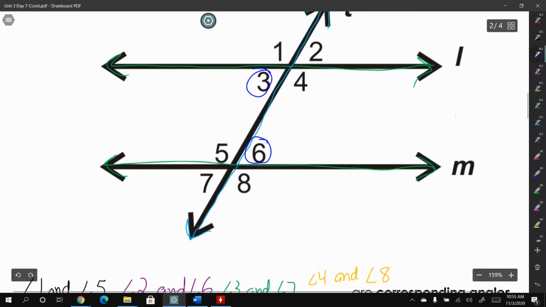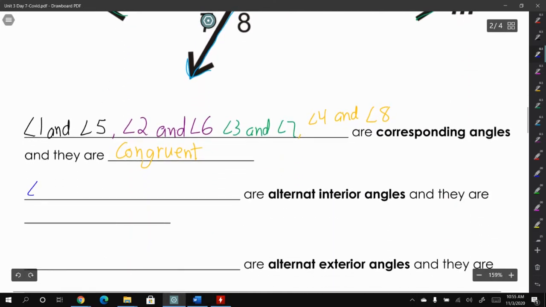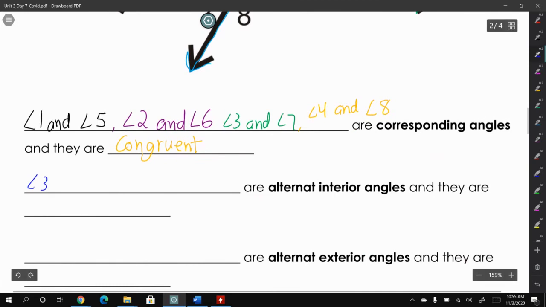So those two angles are congruent. Angles 3 and 6, those are alternate interior angles. And they happen to be congruent. That's the relationship. But angles 3 and 6 are alternate interior angles.